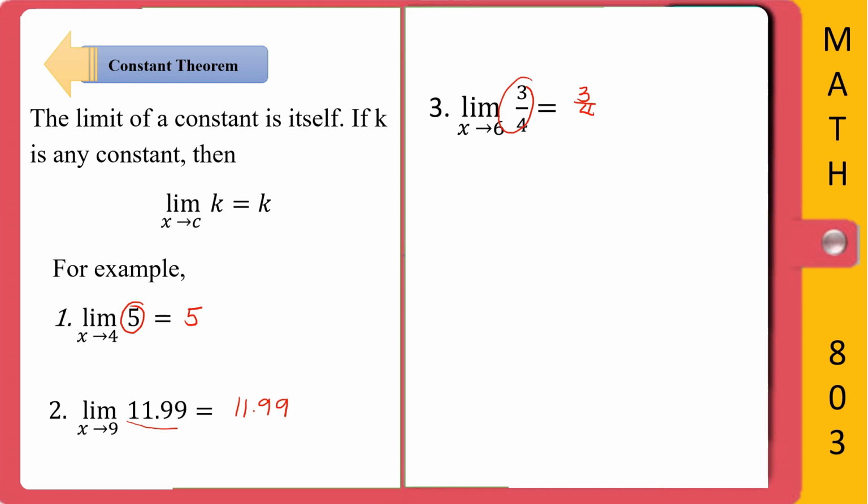Next example, the limit of 105 as x approaches 7. Since k is 105, the answer will be 105. And last example, the limit of 10 as x approaches 1. Since k is 10, the answer will be 10. So that's all about the constant theorem.